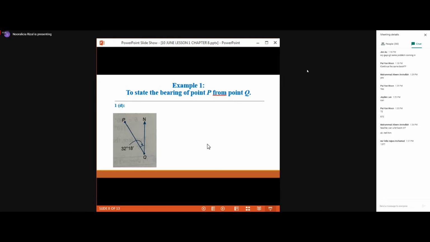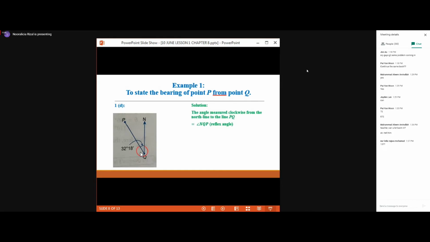So let's look at the diagram. So point Q, we have your north line. Now we are going to move in a clockwise direction from Q until you touch the line touching the PQ. So the meaning is the outer angle, every angle except the 32 degree 18 minutes.